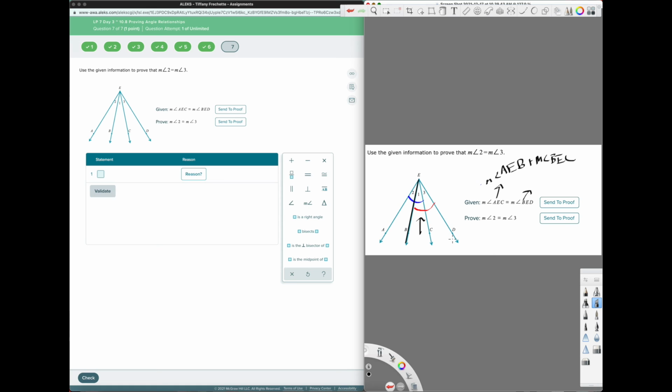So BED is made of BEC, which is that shared one, BEC, plus the measure of angle CED. All right, so now I've used angle addition. That would be our reason if we do use this one. It will be angle addition.